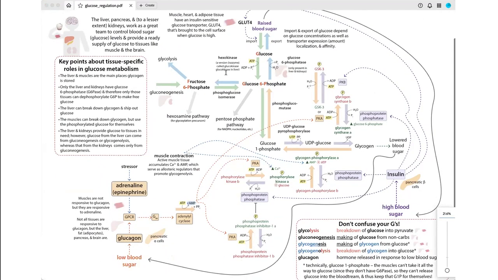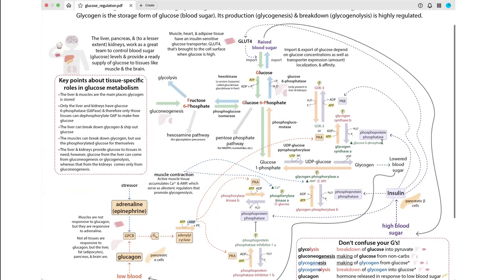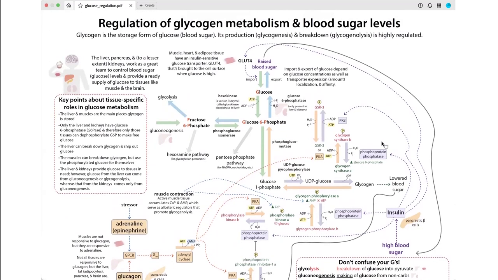So we have a situation where we have high blood sugar. In this case, we're going to want to let the blood sugar in. We're going to want to break it to build it up into glycogen that we can store. In order to bring more into the cells, we're going to have the insulin promote the bringing of GLUT4 to the cell membrane, let in more glucose.